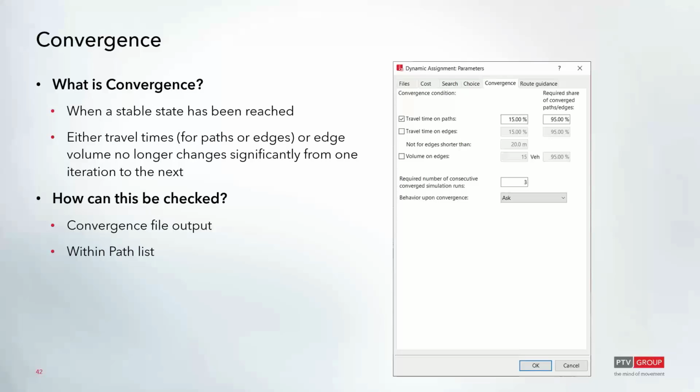There is a raw convergence output file that we can look at to see how the model is doing and check where we are in the convergence process. We can also check the convergence on the paths themselves within the path list. And this can be done either within a particular iteration or after you've got maybe a set of iterations completed.